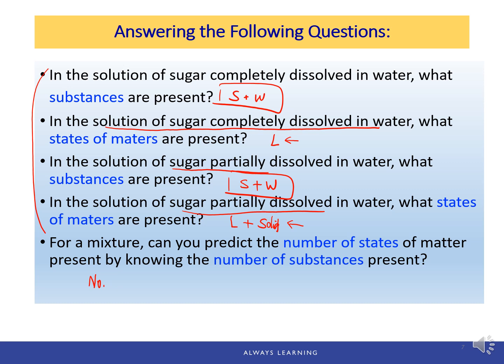It may also be one solid state only at low temperatures. So that's why we cannot predict the number of states of matter present by knowing the number of substances.